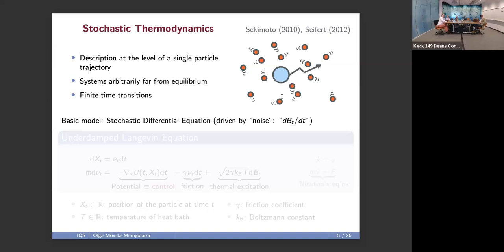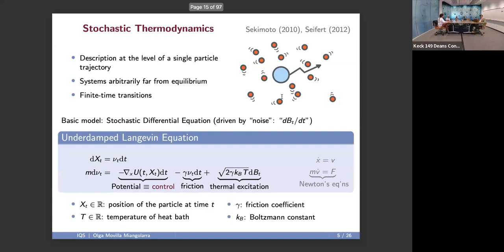So, okay, let me show you maybe the most intuitive model that we can have, which is the underdamped Langevin equation. So this looks a little bit like a mess, but this is really nothing but Newton's equation. Here we have x, the position of our Brownian particle, and nu, its velocity. So we have simply the derivative of x with respect to time equal to the velocity, and mass times the acceleration is simply the summation of forces.